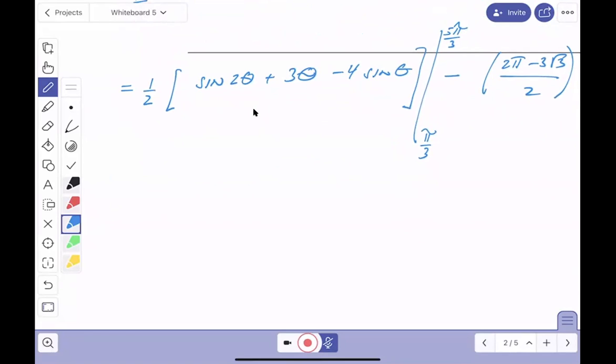All right, let me write this down now. 1/2. Okay, so I have to do a little side work here, and I hate to admit it, I have to do it. So that's going to be 10 pi. All right, so let me write this down for you. Well, 5 pi over 3 that's going to be 600 degrees, right? 600.